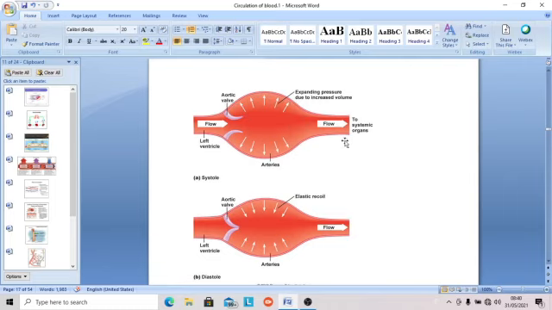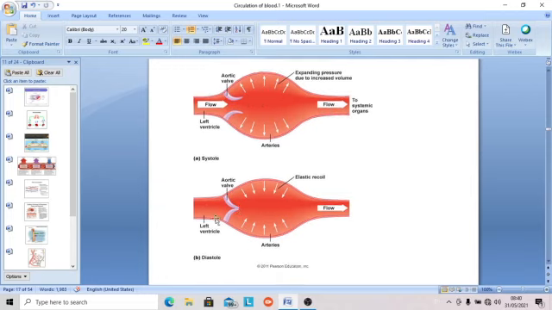During the systolic phase, when the ventricle contracts, a lot of blood will pass there, and an extra amount of blood is held because of the expansion of the aorta. Then during the diastolic phase, when the aortic valve is closed, the expanded blood which was there will be pushed back by the elastic recoil of the aorta.